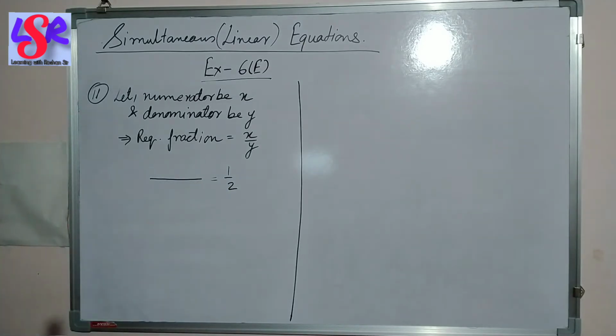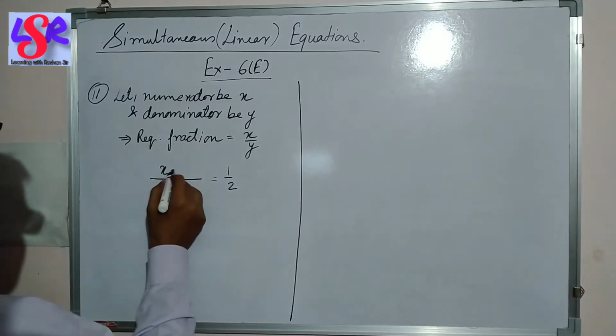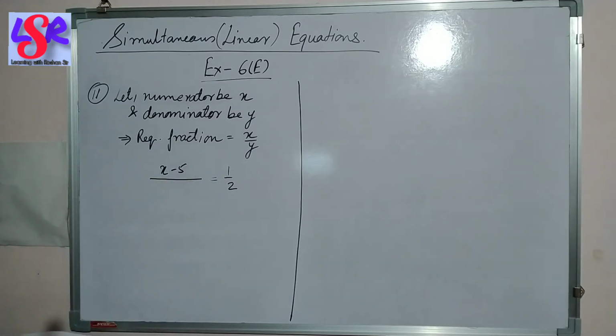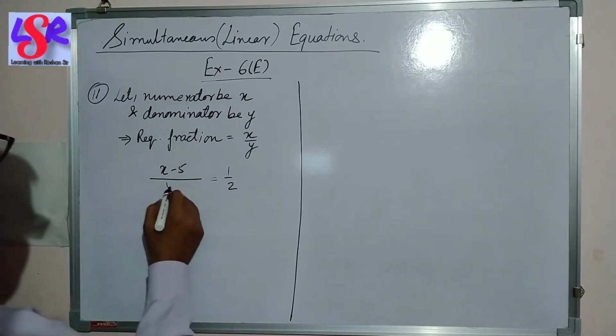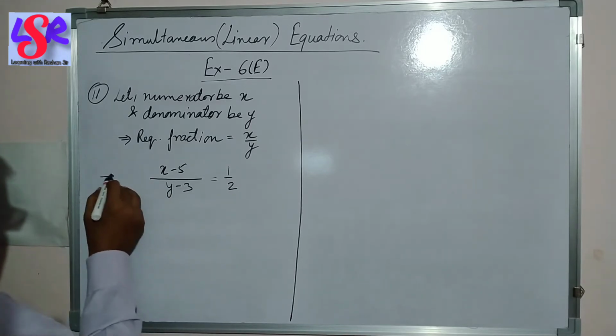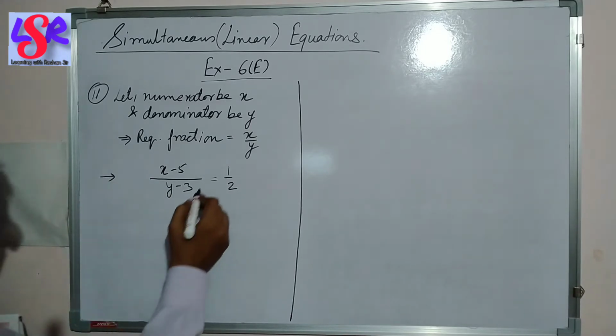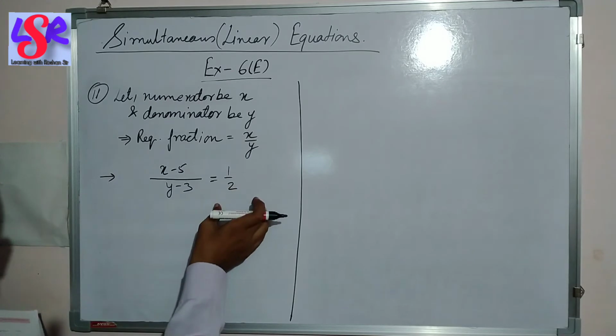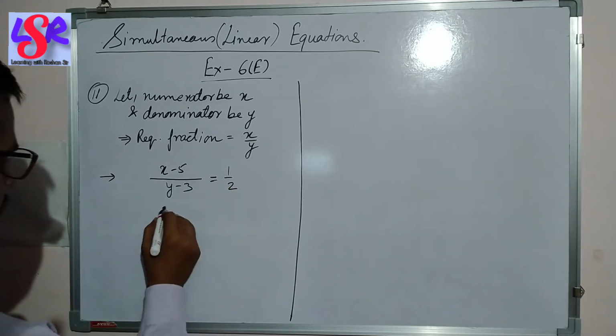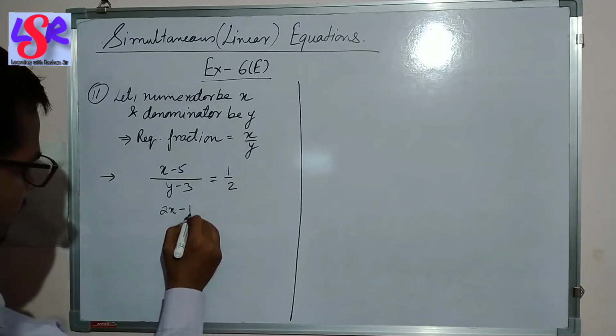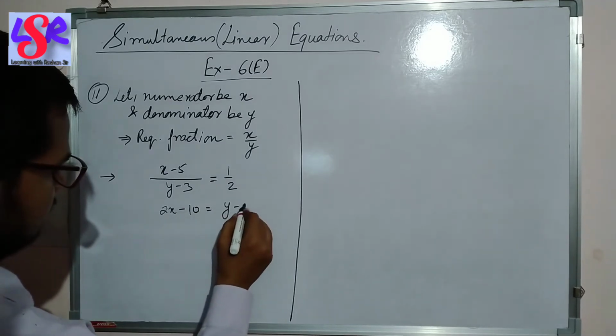5 is subtracted from its numerator, that is x minus 5, and 3 subtracted from its denominator, that is y minus 3. Here we get the relation of the first equation, and on doing the cross multiplication, we get 2x minus 10 equals y minus 3.